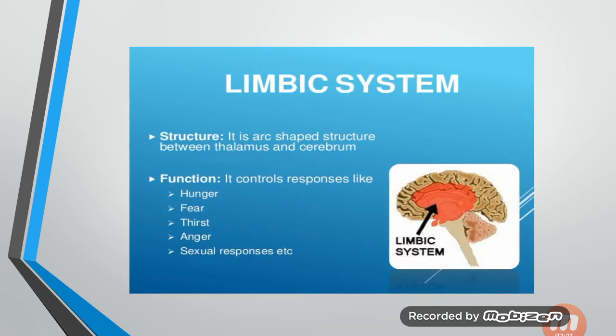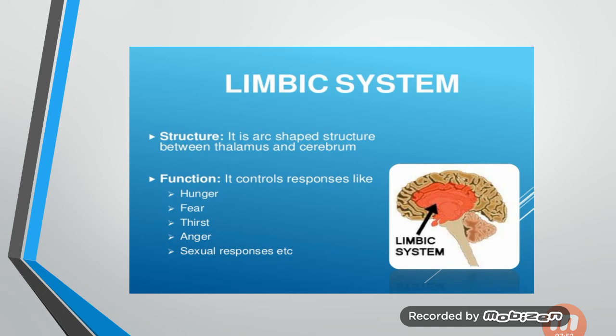Then comes the limbic system. It is an arc-shaped structure between the thalamus and the cerebrum. The limbic system extends through several brain regions, and it works together to produce our most basic and primitive emotions, drives, and behaviors.